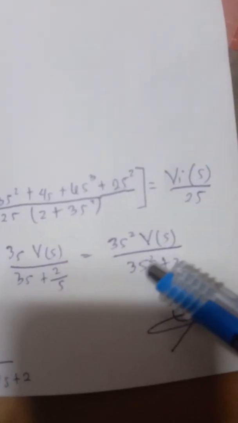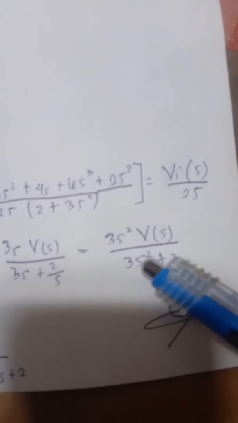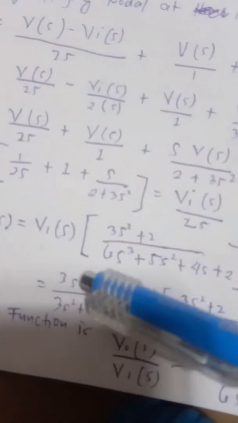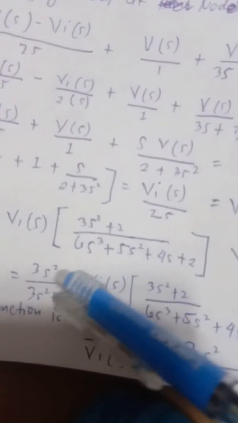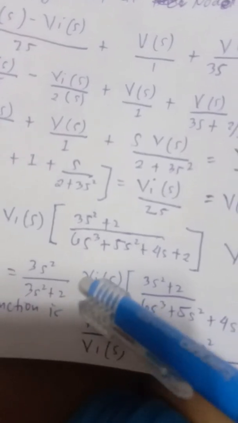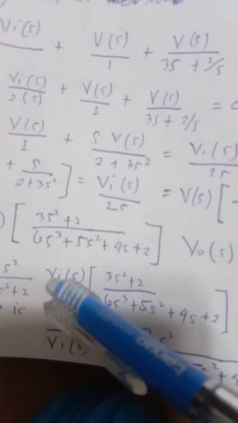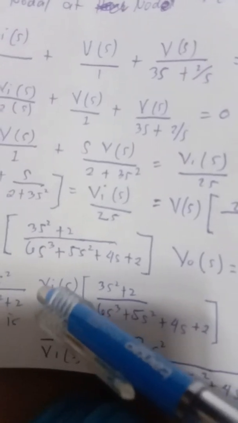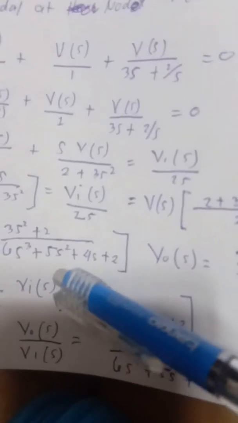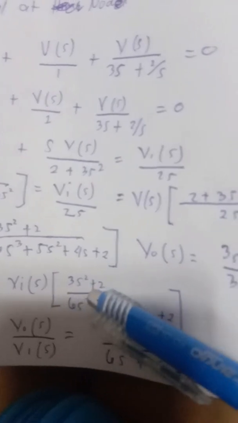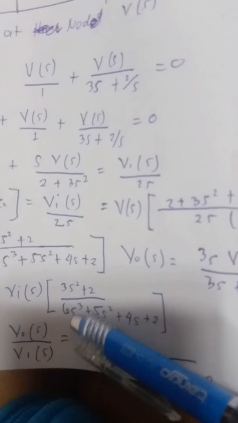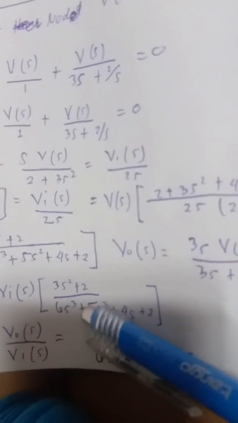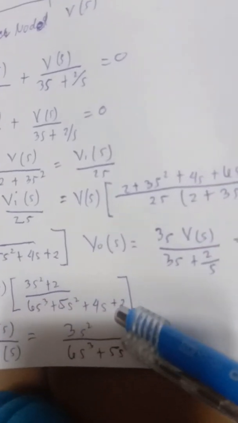V(s) over 3s squared plus 2, and now let's proceed, then Vi(s), close the bracket, and now we get 3s squared plus 2 over 6s cubed plus 5s squared plus 4s plus 2.